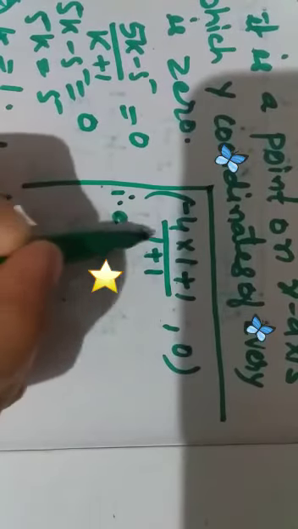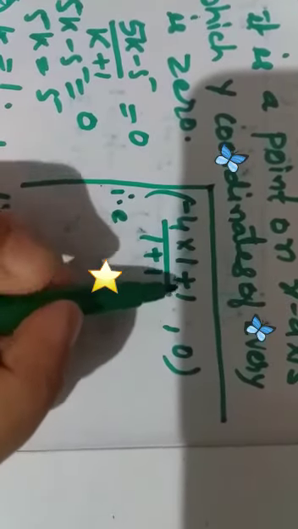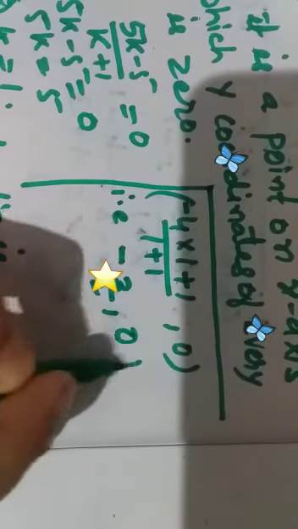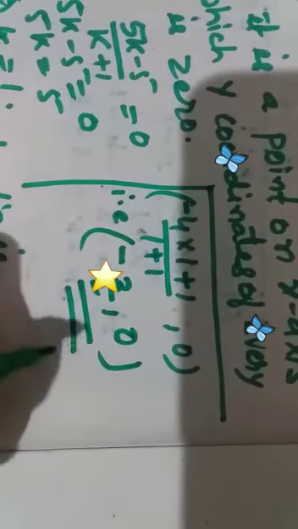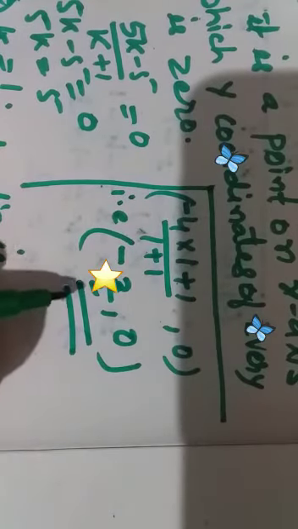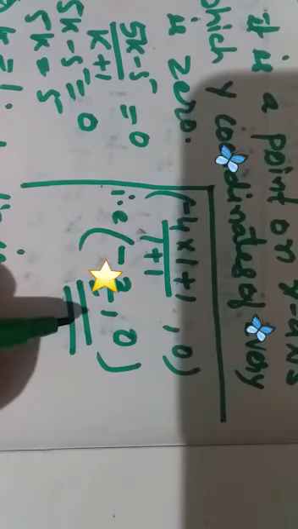So that is minus 4 plus 1, that is minus 3 by 2, and 0. This is our point, the coordinates of the point of division.